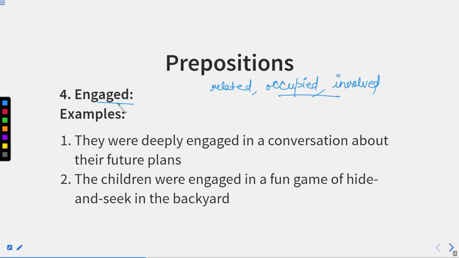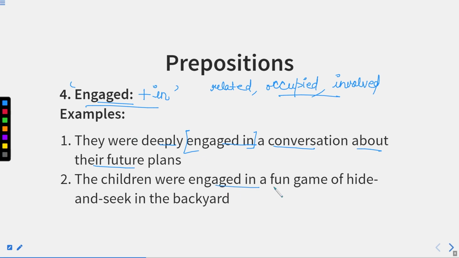Now we can use engaged as a verb, as an adjective, or as a past participle, but here we are using engaged as a verb with a preposition in. And here, engaged in refers to when someone is occupied or busy in doing some work. For example, they were deeply engaged in a conversation about their future plans. So they were just busy in talking about their future plans. So engaged in means involved in.